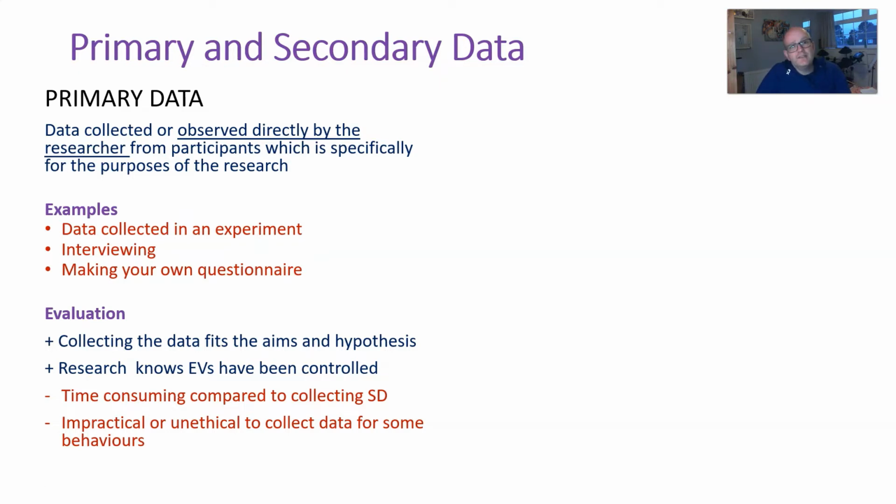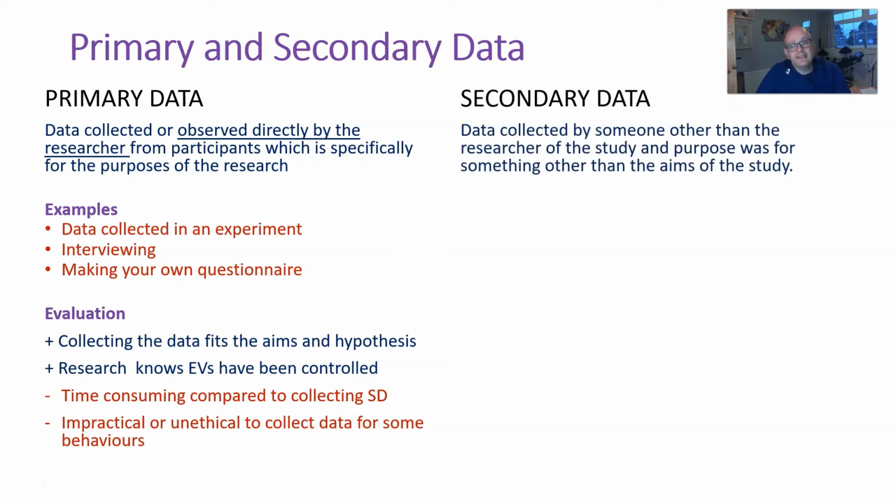So for instance, if a researcher wanted to identify students' performance in an exam, it would be really unfeasible for them to set up their own exams and do that when they could just collect the data from the government. And that takes us on to secondary data.